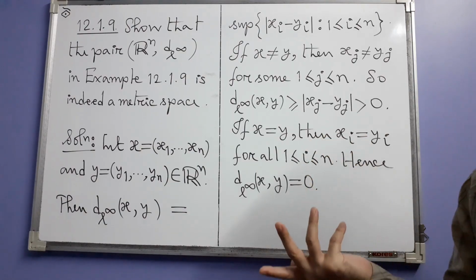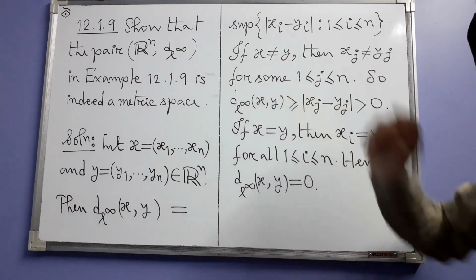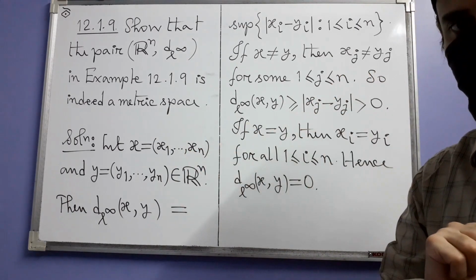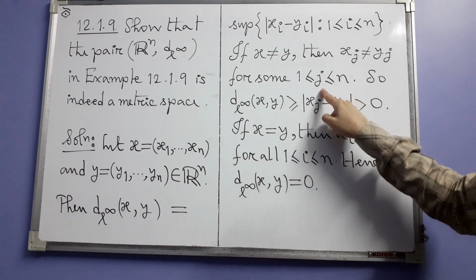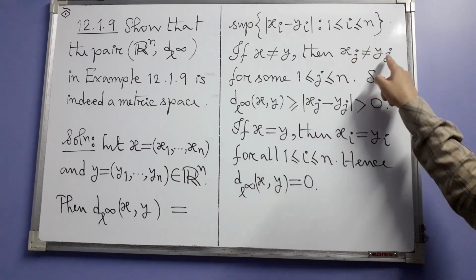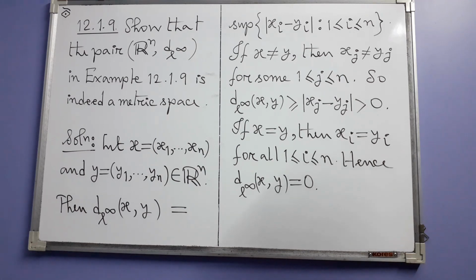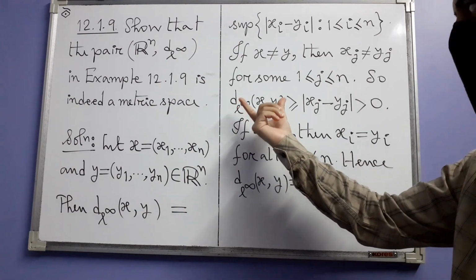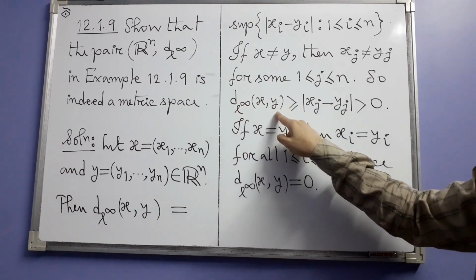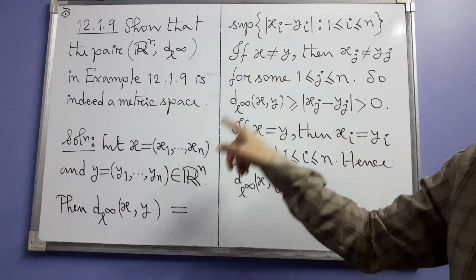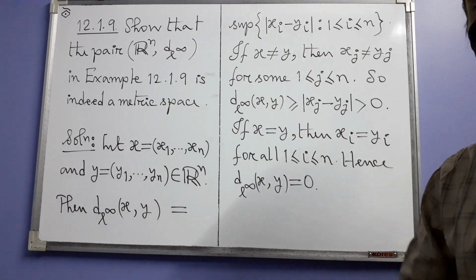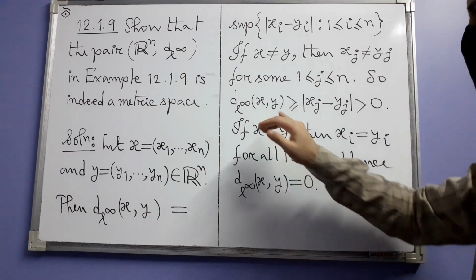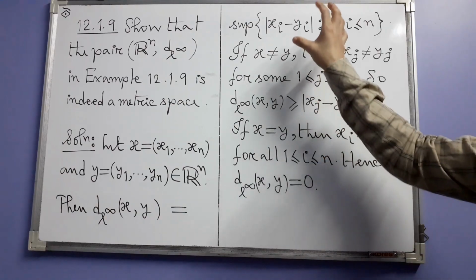So next we go for the axioms. If x is not equal to y, obviously some coordinates must be different. There must exist some j in this range such that xj is not equal to yj. Now according to the definition of dl infinity, the value of x comma y is the supremum or maximum of all these absolute differences. Because it's the maximum, it is greater than or equal to all of them.